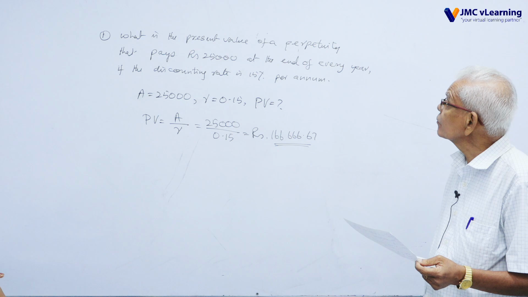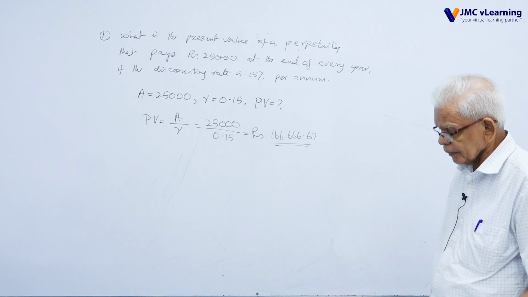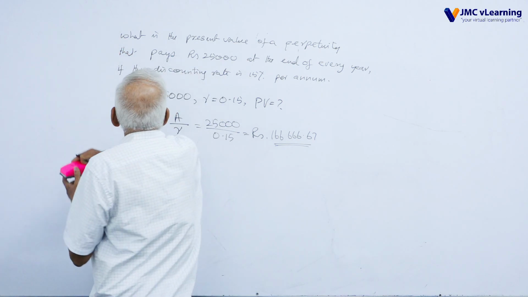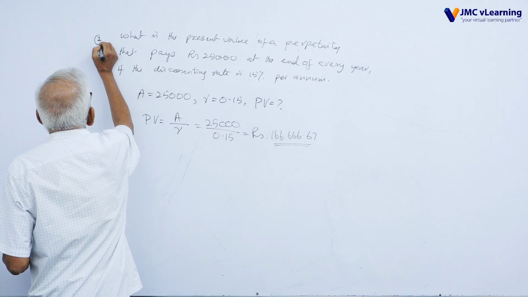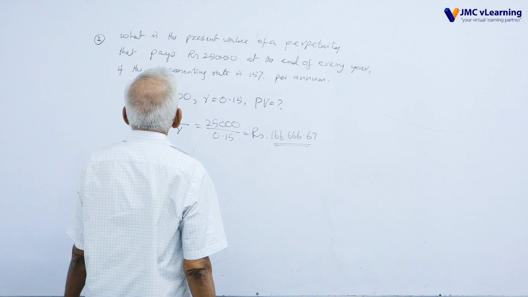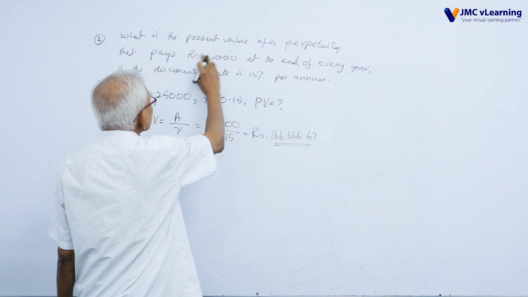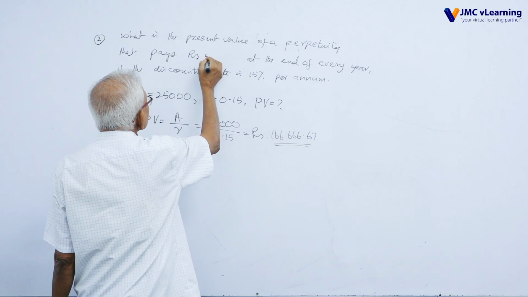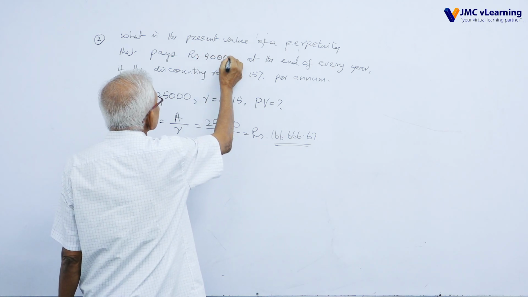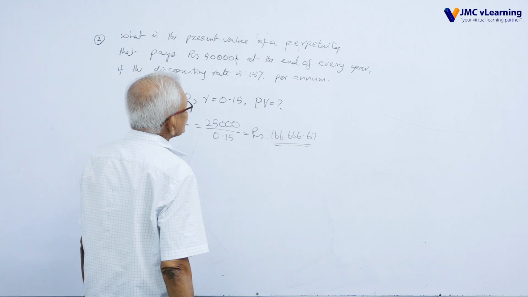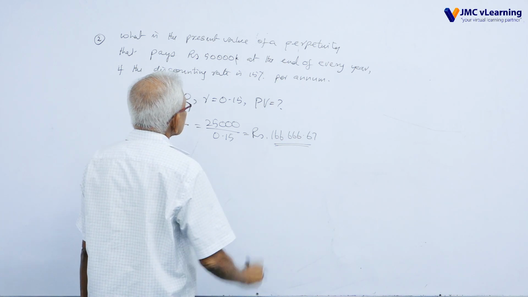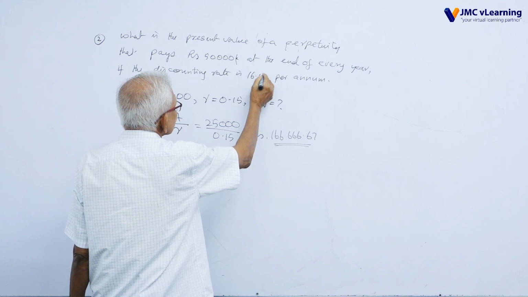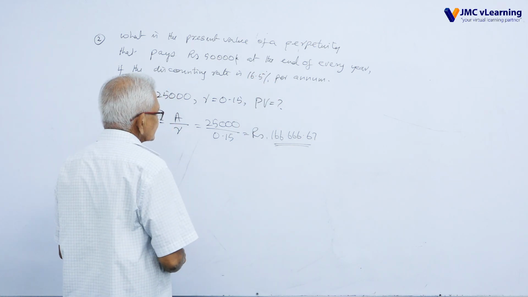Take down this one also. What is the present value of a perpetuity? One more question. What is the present value of a perpetuity that pays rupees 50,000 at the end of every year if the discounting rate is 16.5% per annum?